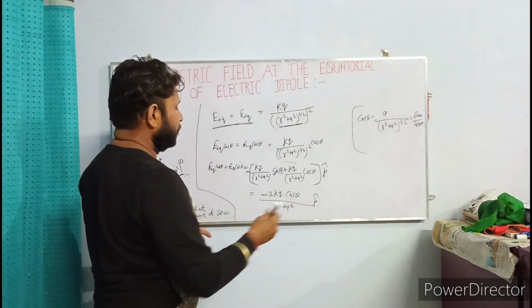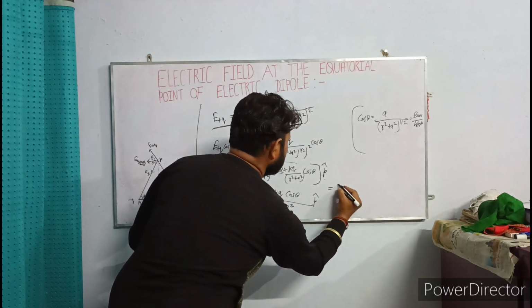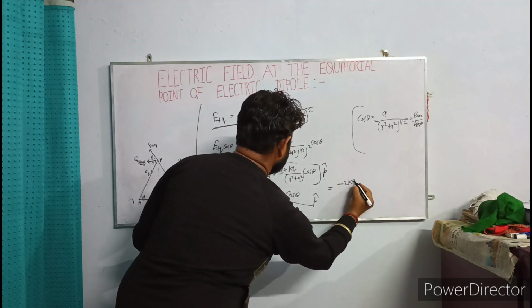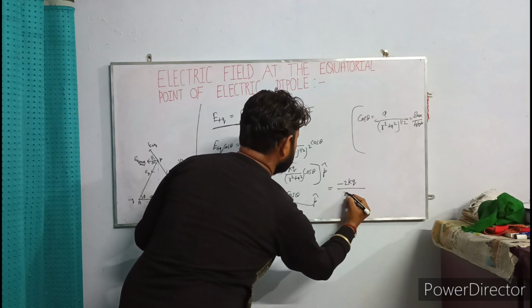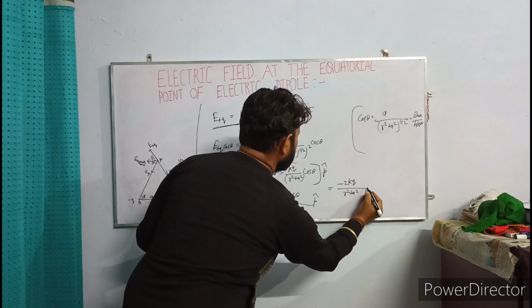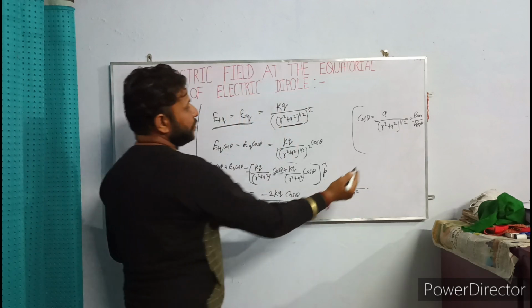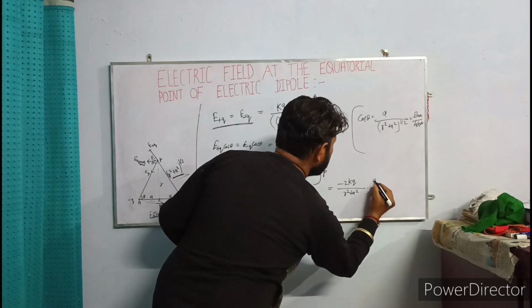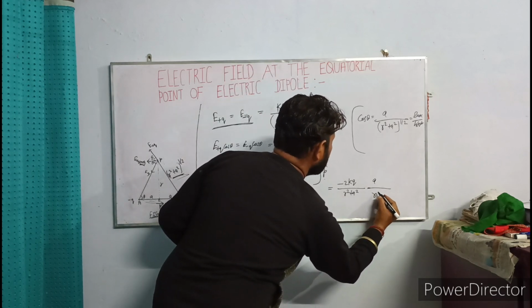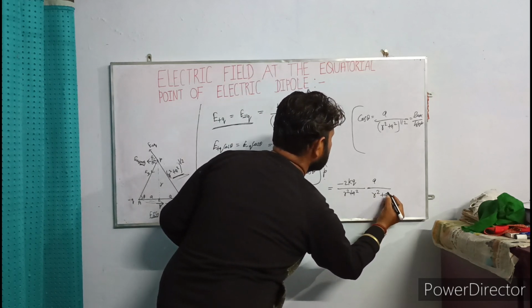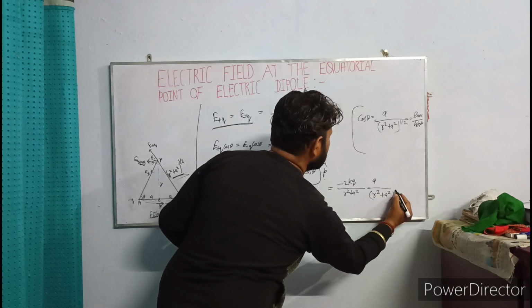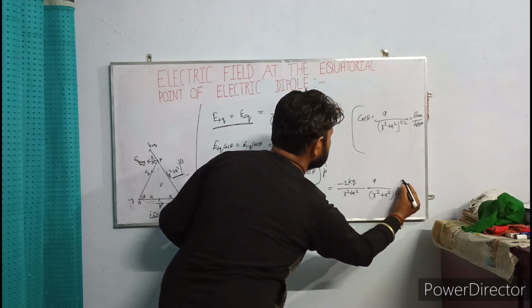Now put the value: minus 2kq upon r square plus a square multiplied by cos theta, which is a upon (r square plus a square) power 1 by 2, and it is the unit vector.